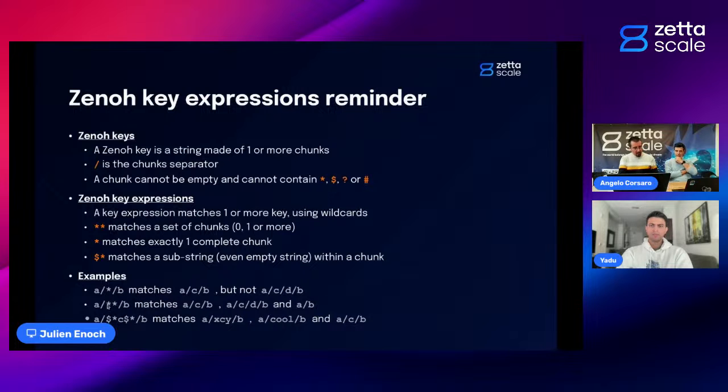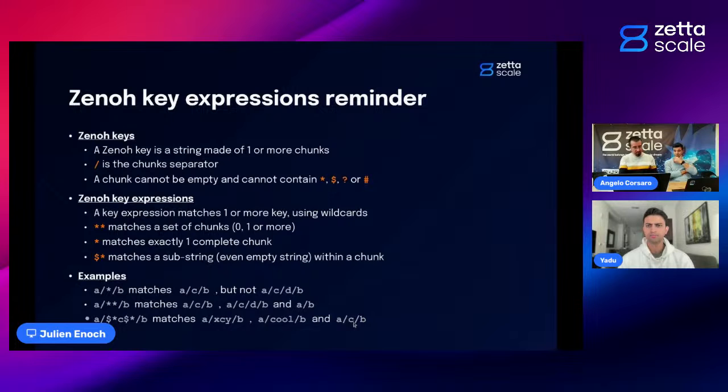Now, what if I would like to match a chunk which contains a C character? Well, I just do A/$*c$*/b: any characters before c, and then any characters after c. This will match A/xcy/b, A/cool/b, and A/c/b.